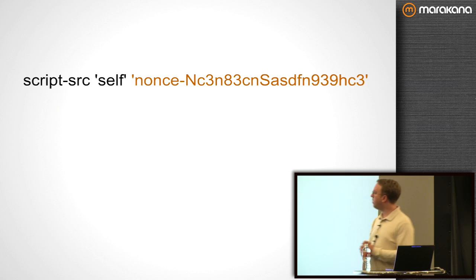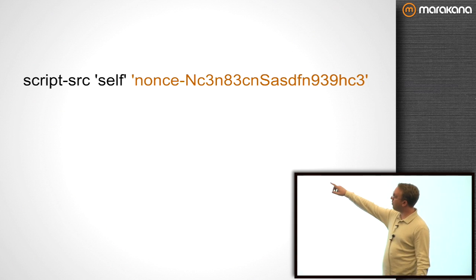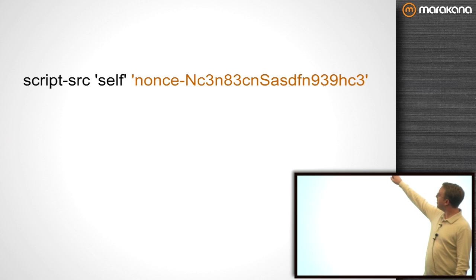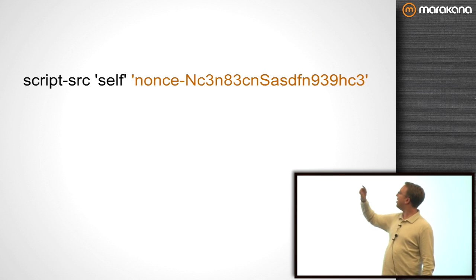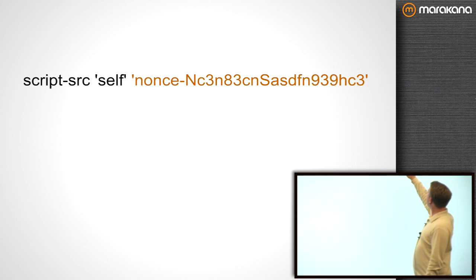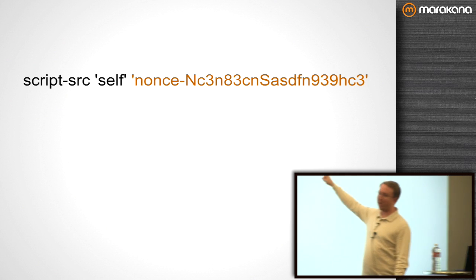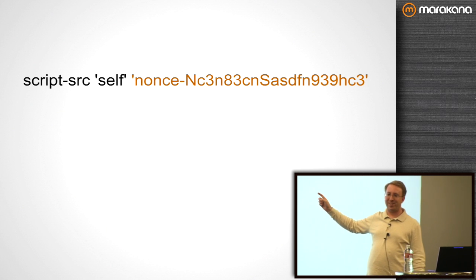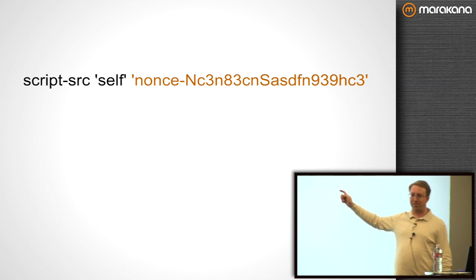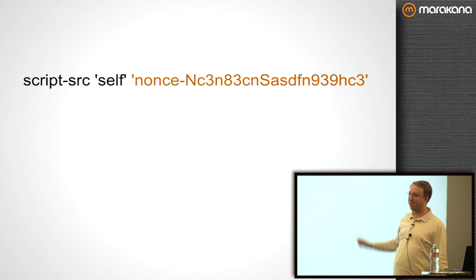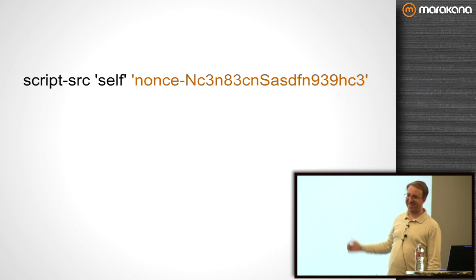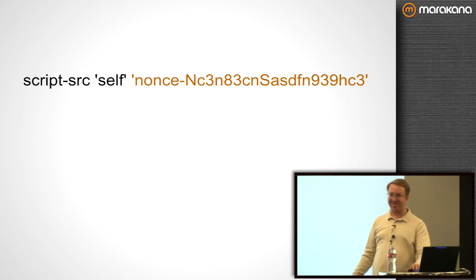Does that make sense? So you can include in your policy that one of the places you can get scripts from is from people who know the nonce. This is just some random number. I don't know how long it has to be. That's up to you. You get to decide how paranoid you are, how afraid you are of somebody guessing this random number you made up. Probably if it's this long, no one's going to guess it.